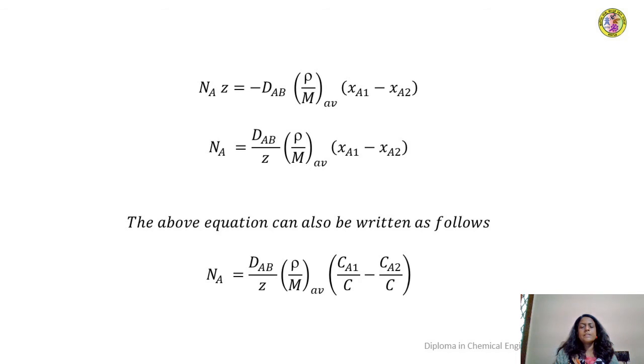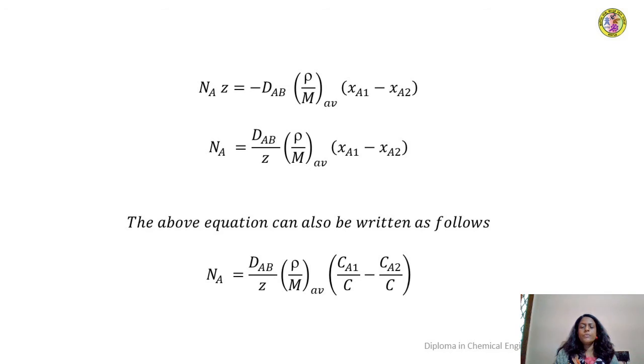So NA, as it is, on the left hand side equals DAB by Z, then rho by M average. Inside the bracket, instead of XA1, we can write CA1 by C, because the mole fraction of any component is equal to the ratio of the molar concentration of that component to the total molar concentration.